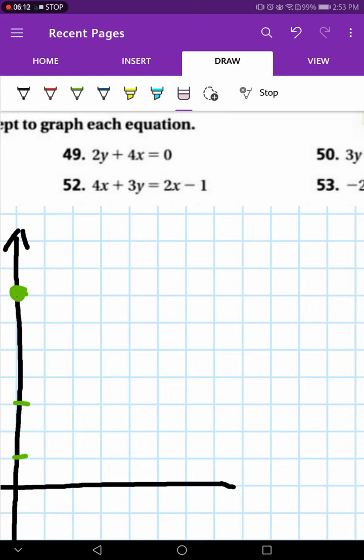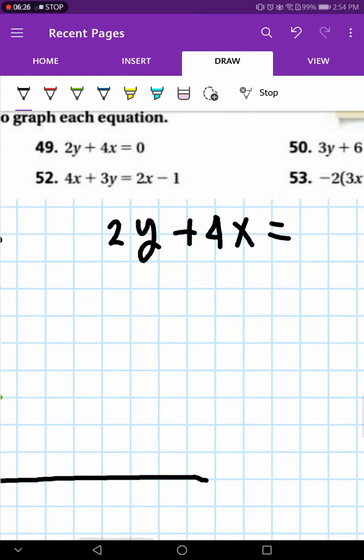In this case, I cannot find the slope and the y-intercept, but I can make the equation in slope-intercept form by making the y alone. So I can subtract 4x from this side and 4x from this side. So this is deleted and this will be negative 4x.